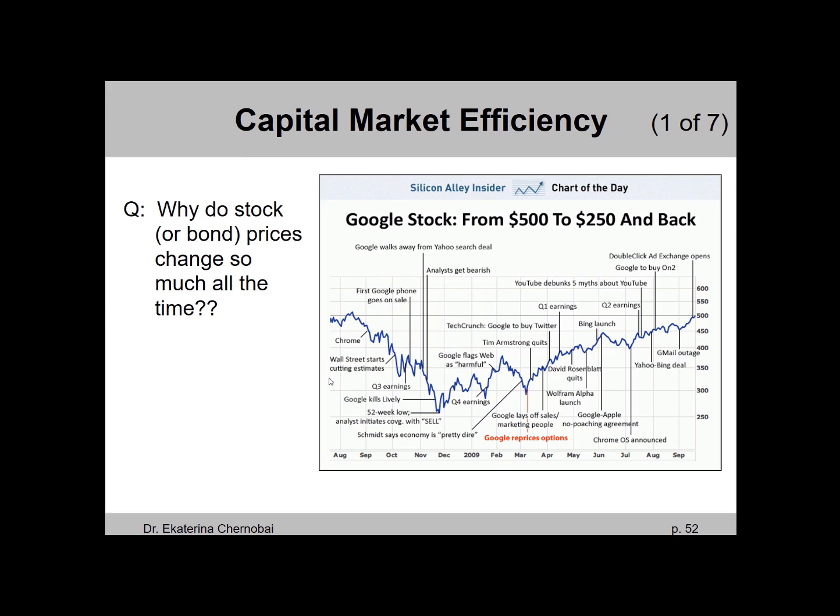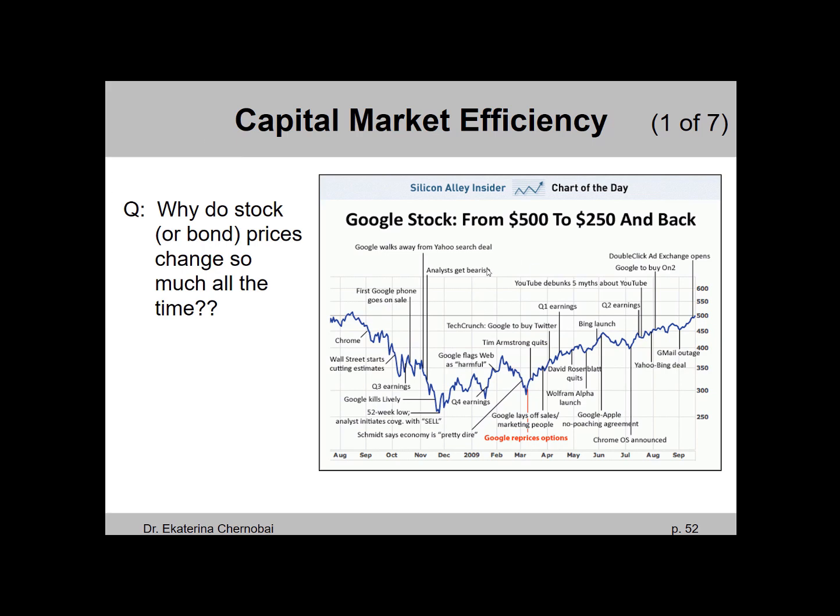It has to do with why stock prices, or maybe not stock but bonds or other financial securities, but let's stick to stocks. Why do stock prices change so much all the time? You might know that stocks for Apple, Facebook, Google, and thousands of other companies are fluctuating on a daily basis. Why is that? That's what this topic is about.